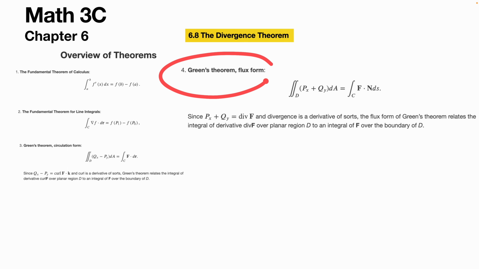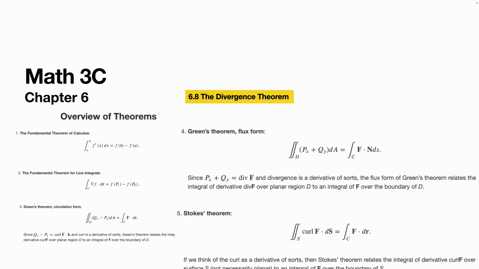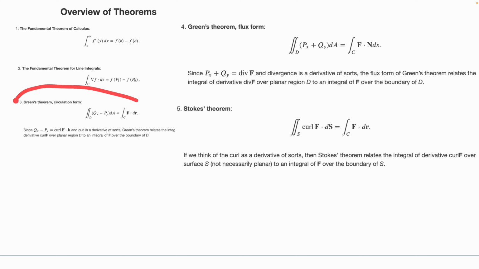Green's also comes in a flux form. This is the form that the divergence theorem is going to generalize. We'll come back to that in a second. Looking at Green's, the circulation form, that generalized from removing the restriction that the enclosing curve C must be a closed curve enclosing a flat region D, relaxing that D must be in the plane so it can be any surface, and then taking the boundary of that surface.